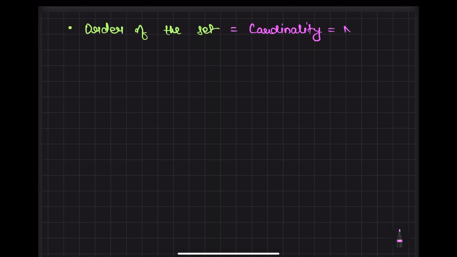It is equal to the number of elements in a set. So if there exists a set in which there exist 5 elements, then you can say that the order of the set is 5, the cardinality of the set is 5. I hope order and cardinality is clear.